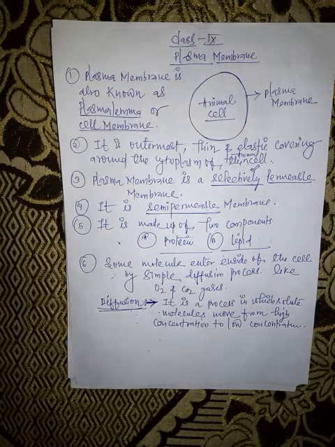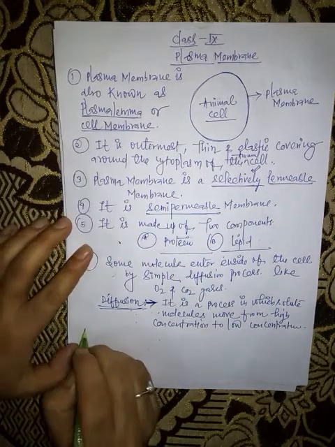Second, when you open the nozzle of an LPG cylinder, the gas always moves from inside to outside of the cylinder. Why? Because there is high pressure, it means high concentration of gas inside the cylinder, and outside is low concentration. Due to this reason, these solute molecules move from high to low concentration. This is also an example of diffusion.